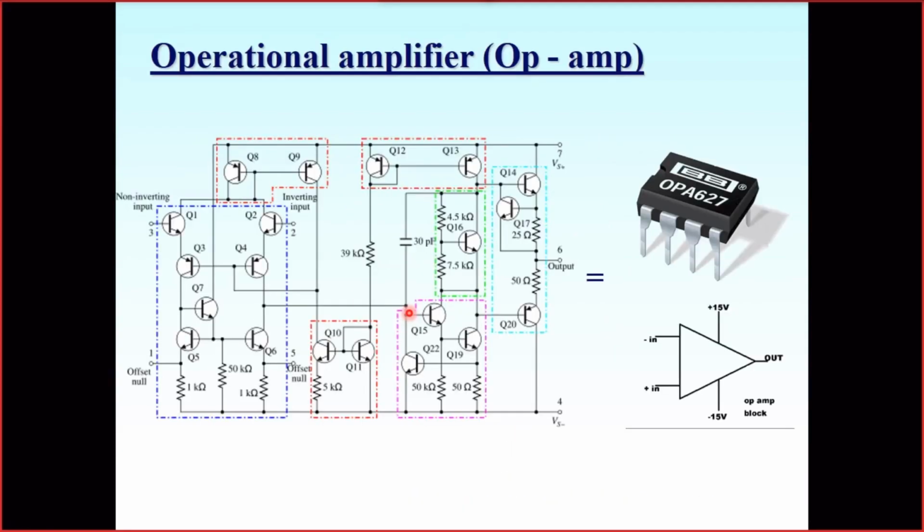If you look back at the amplifier circuit, you can see the input stage is ready for operation, but you can still find two contacts, offset null and offset null, pins 1 and 5. Why do we need them? We need to balance the output of the amplifier to 0 when the inputs are at the same voltage.